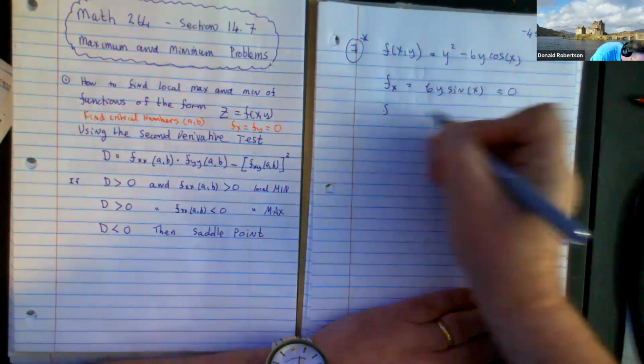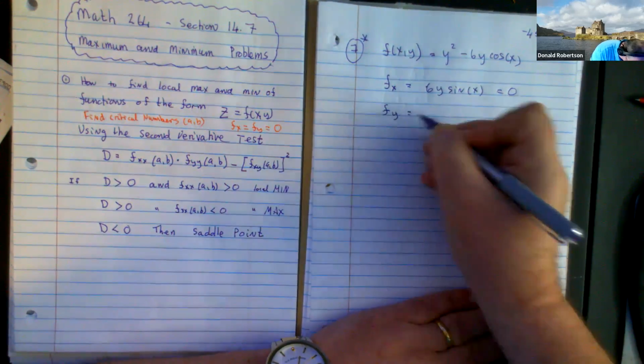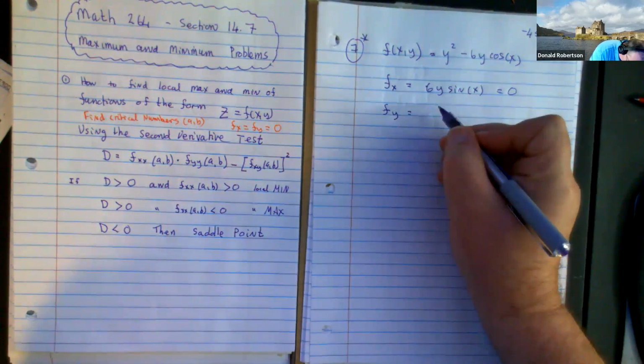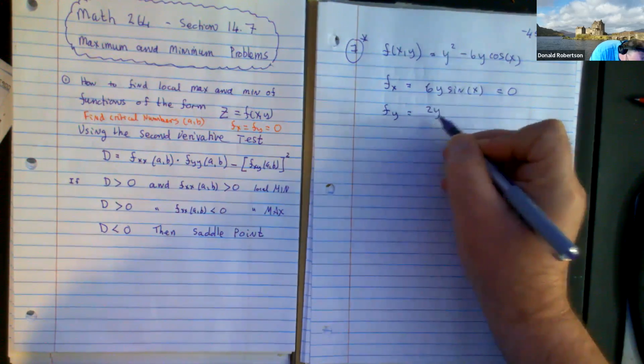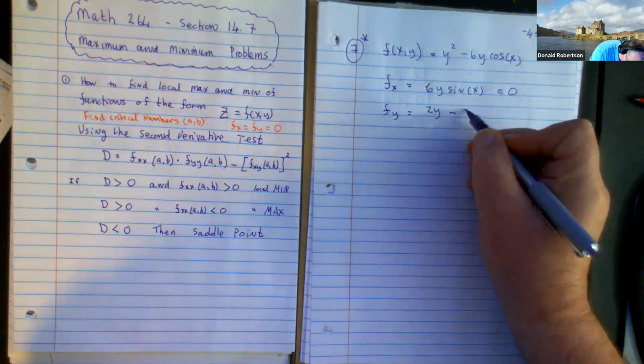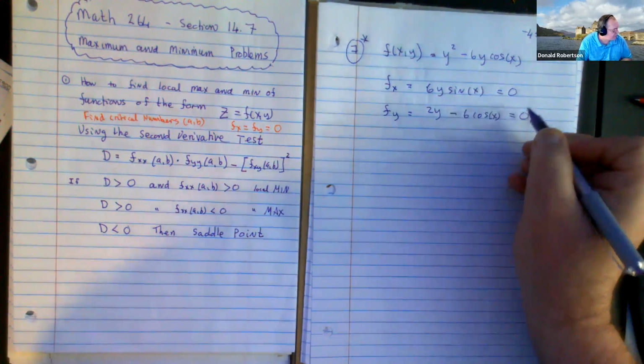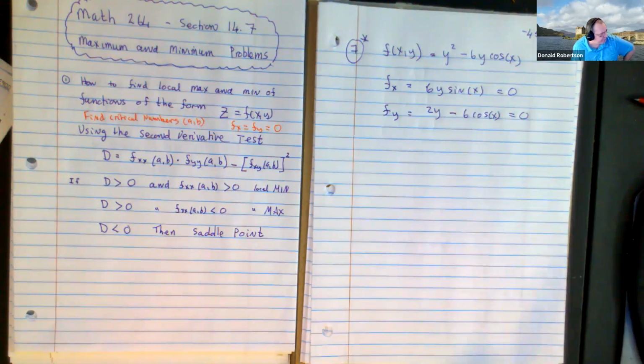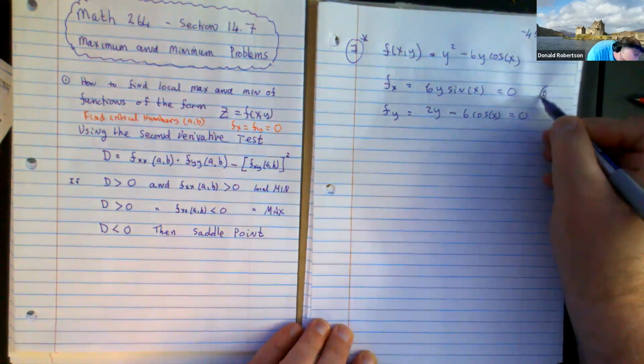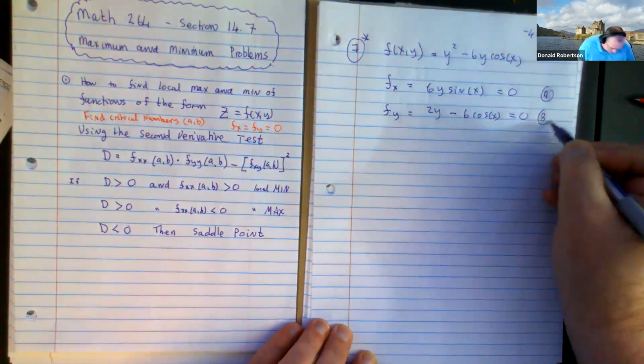And if you do a partial derivative with respect to y, you get 2y take away 6 cosine x equals 0. I'll call that equation A. I'm going to call that equation B.